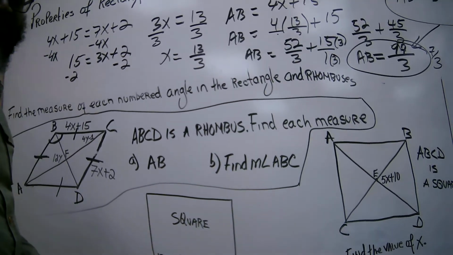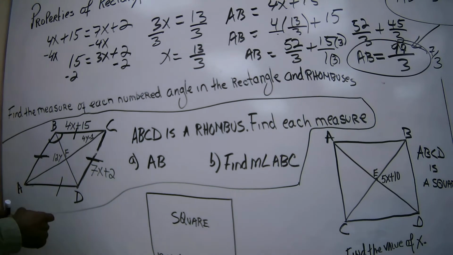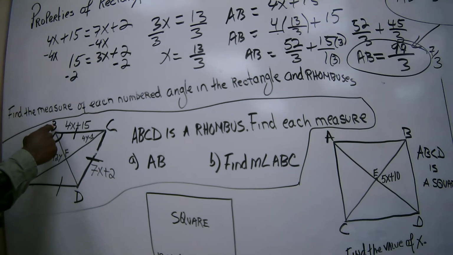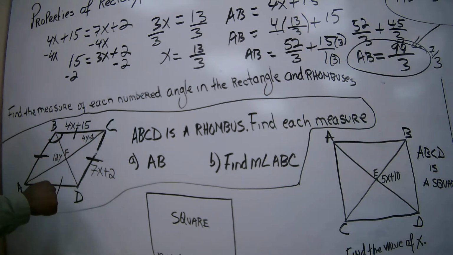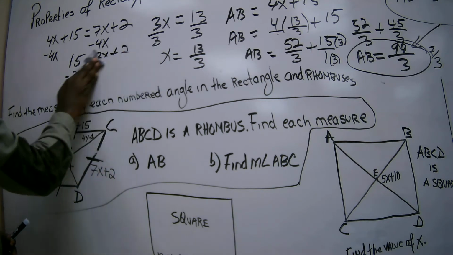Now they ask you to find ABC. Now in order to find ABC, they give you an expression for BFA. As you know, in a rhombus, diagonals are perpendicular, therefore all those are 90 degrees. It's all about knowing your properties.